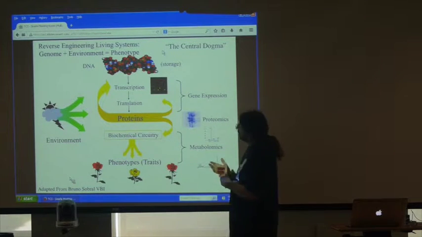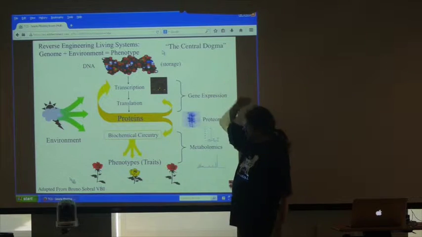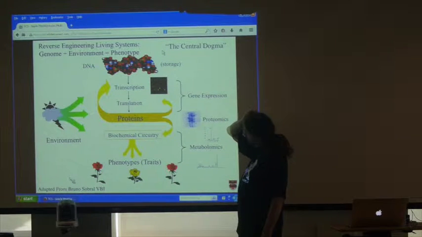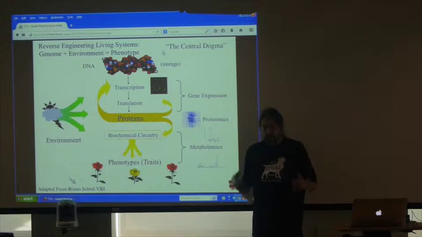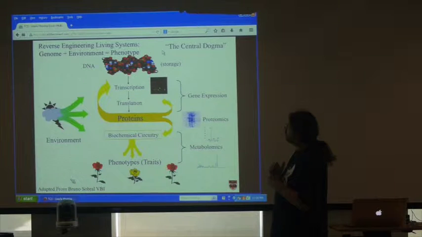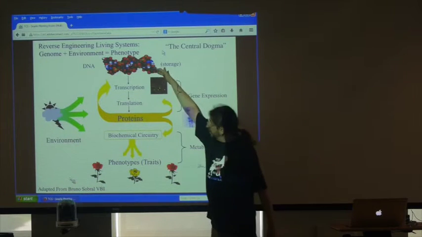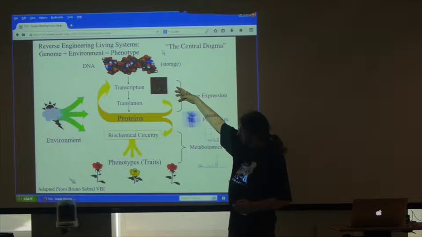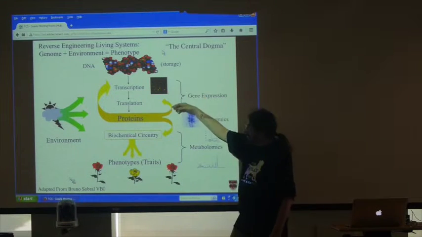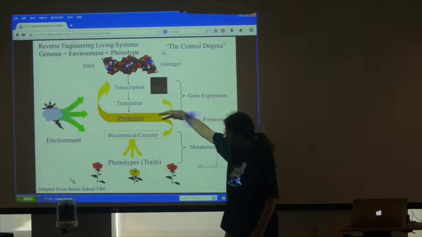And it took biology on the order of 100 years to work this system out. And now we're trying to collect information on many thousands, tens of thousands, hundreds of thousands of organisms by sequencing the DNA. And then for a set of model organisms, interrogating that system with different technologies that allow us to snapshot what's happening in each of these stages.